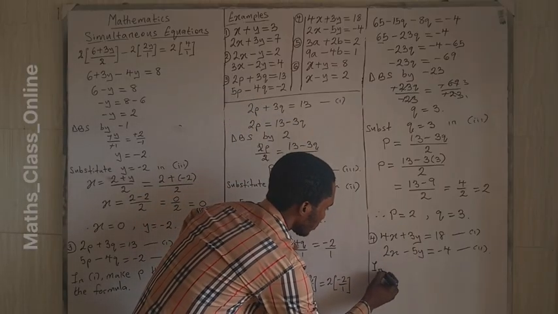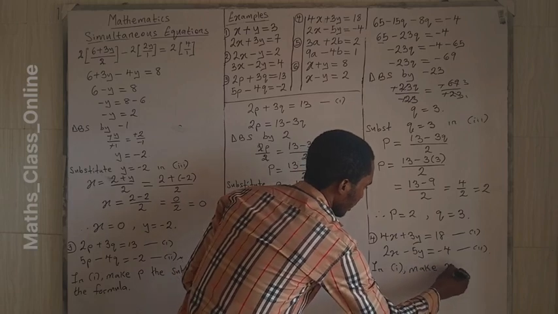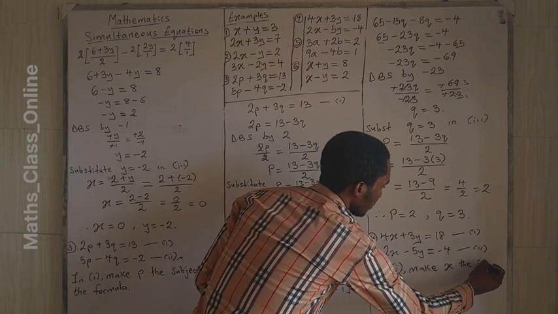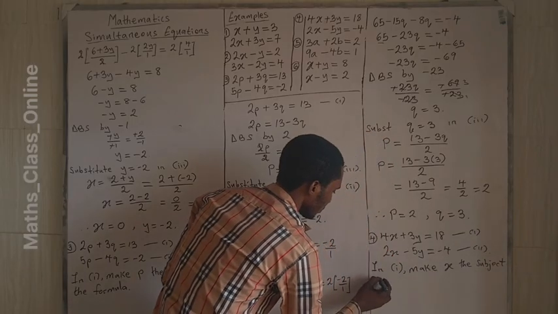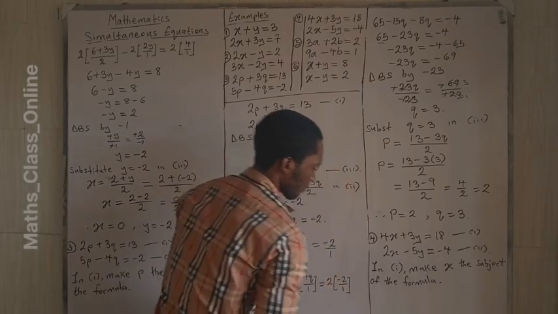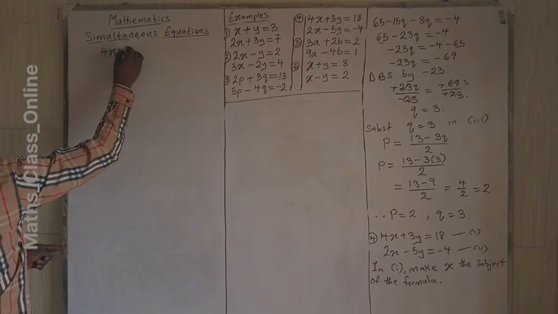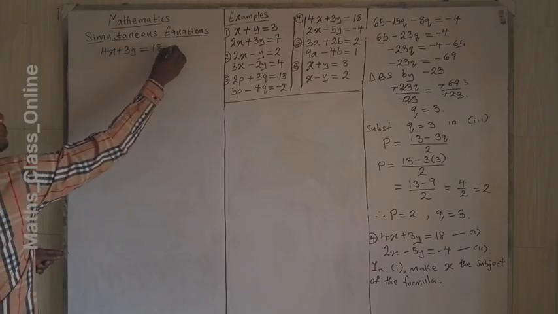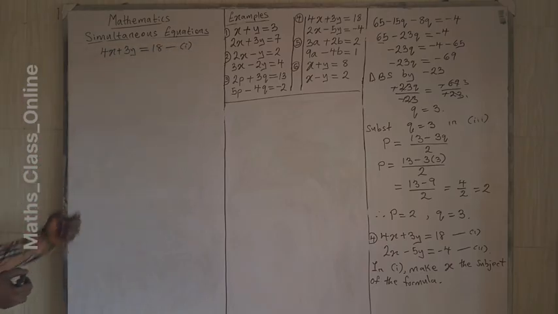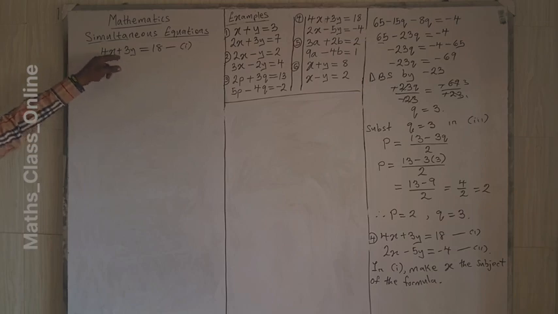Equation 1: make x the subject of the formula. We first of all need to move 3y to the other side of the equation, but we have this to be positive, so this will change to negative.